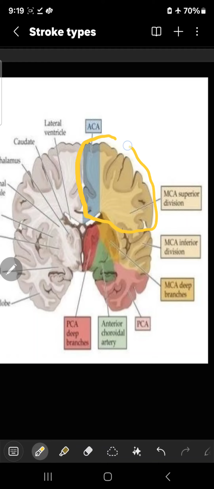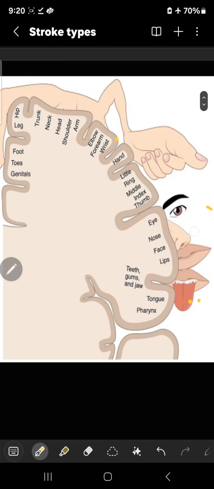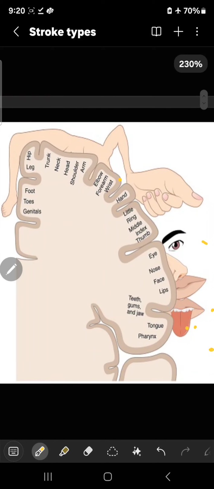I'm taking this part of the brain here, and you can see there are different names here like genitals, toes, foot, leg, hip, trunk, neck, head, shoulder, arm. These are all the regions in the brain that are responsible for the action of these organs.